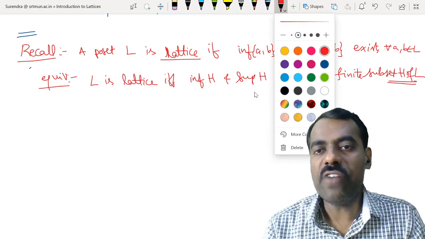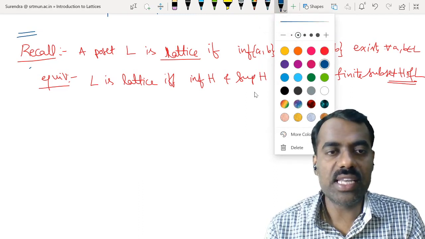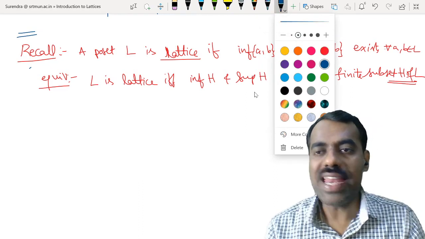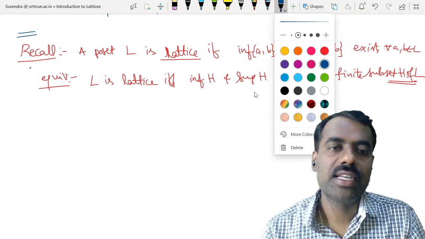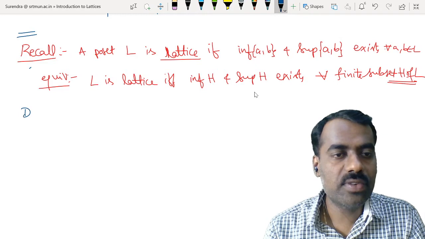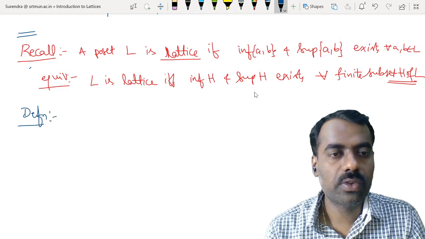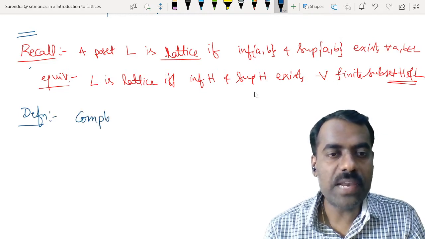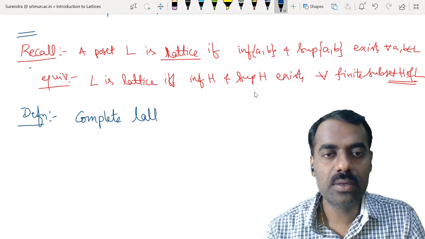Now if this statement is true for any subset, not necessarily finite, then that lattice is called a complete lattice. So we will define what is meant by a complete lattice.